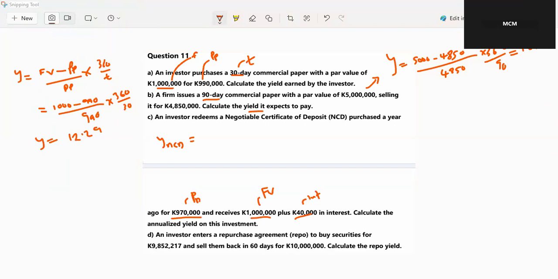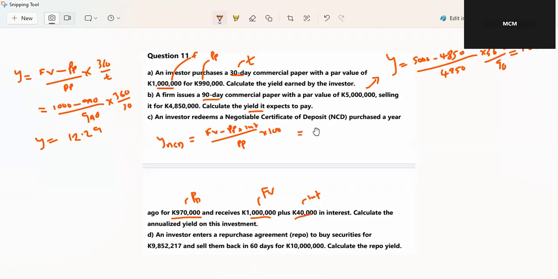Face value minus purchase price plus interest over purchase price. Remember, face value minus purchase price plus interest over purchase price times 100.